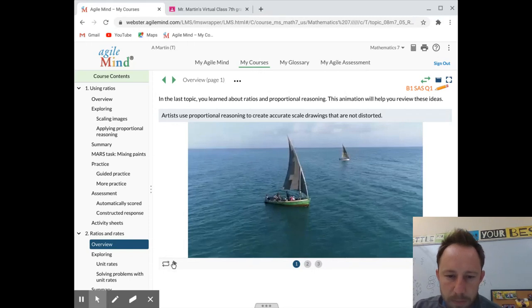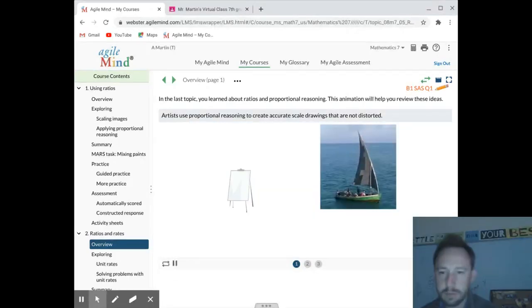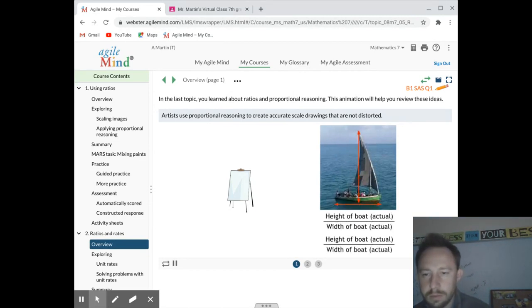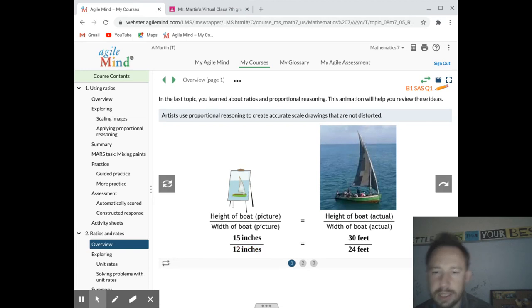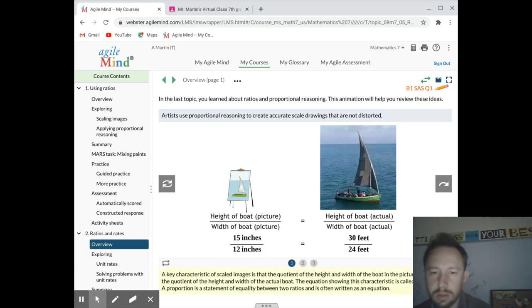Good. So we're going to play this. So what's he doing here? Somebody tell me what they just did. What'd they find? The height and width of the boat. That's right. And they did that of the actual boat, and then what did they do to make the drawing? Divide. You're right. What did they divide them both by?